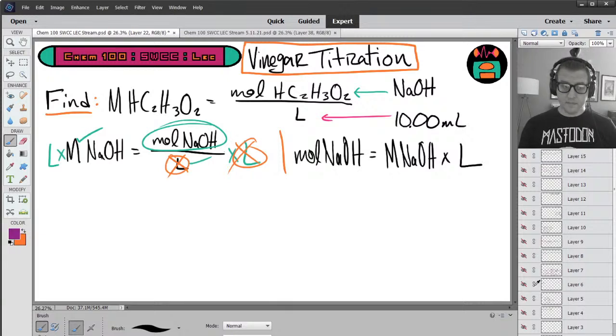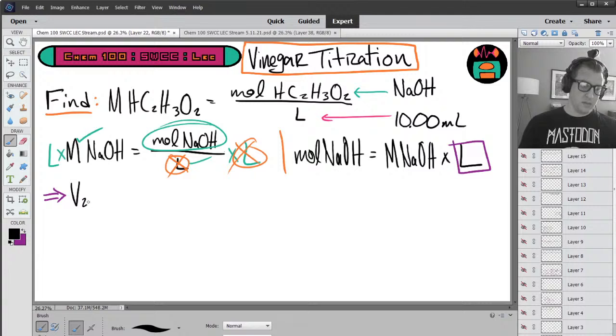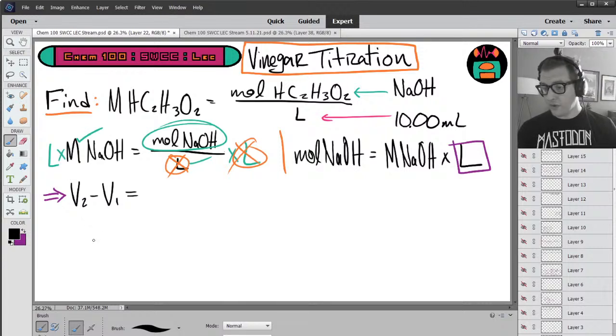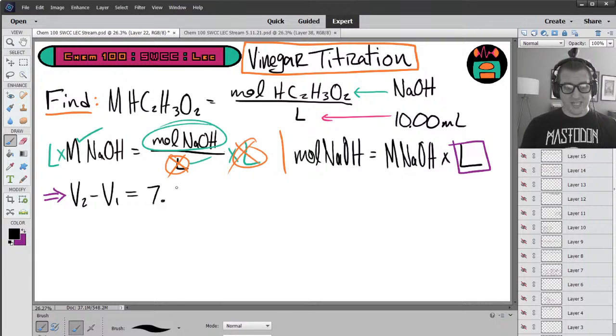This volume comes from the difference between our final and initial volumes. So our final volume, let me find it real quick, was 7.92 milliliters.